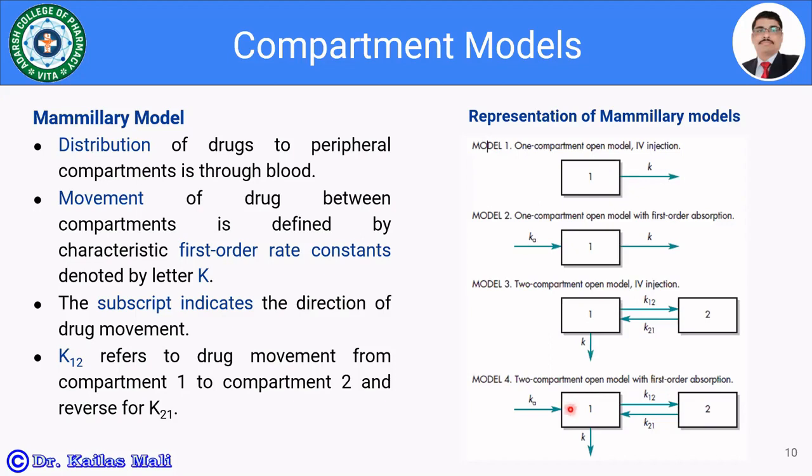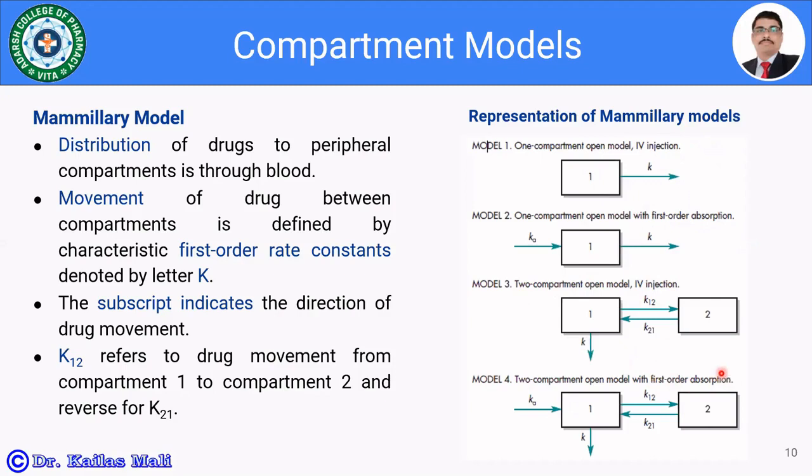So depending on the compartments, it is possible to classify the compartment models as the one compartment open model IV bolus, one compartment open model first order absorption, then two compartment open model IV injection, two compartment open model with first order absorption, and so on.